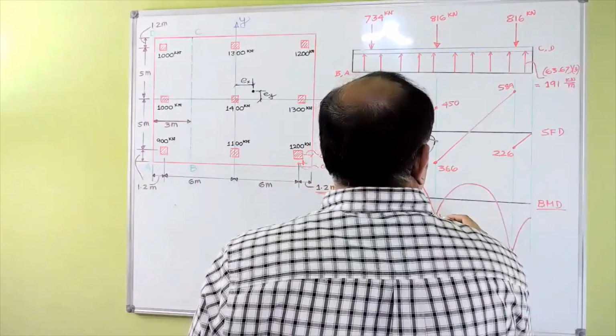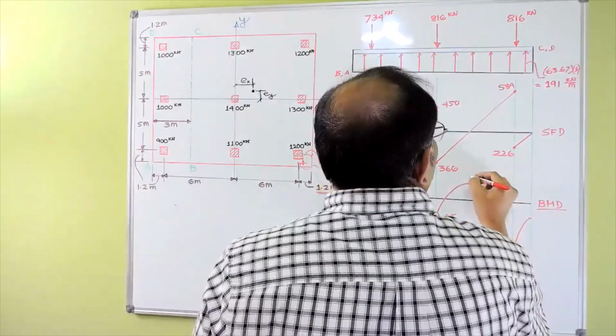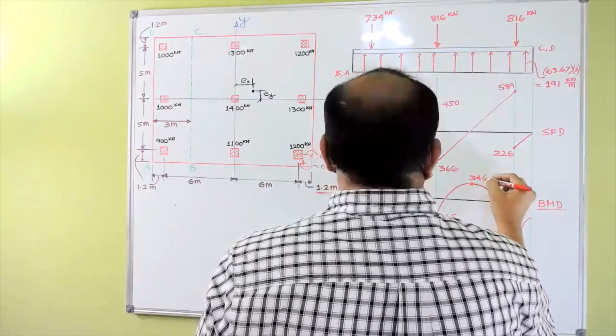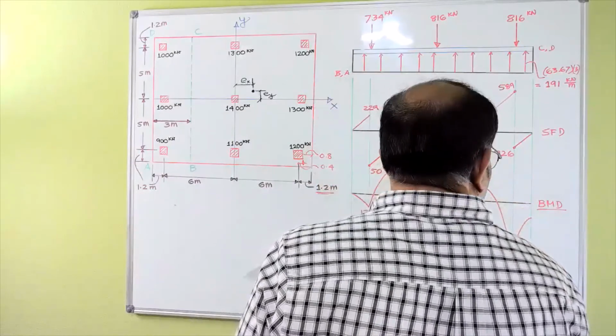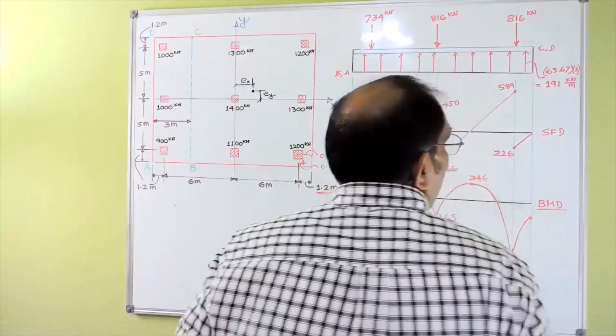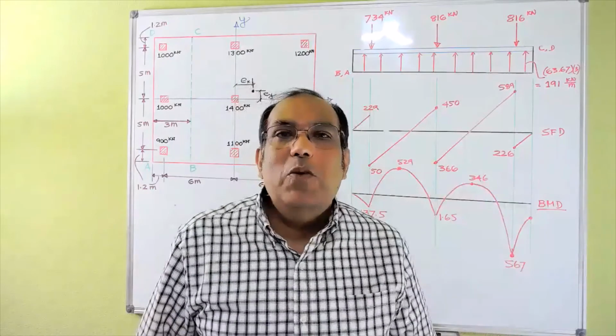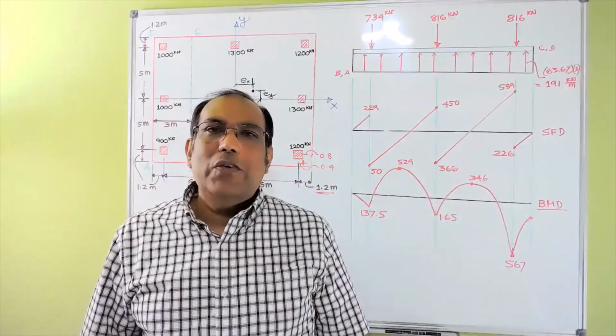This one is very small actually. 346, 567. And there is a value because of that adjustment. You will see that it may not go directly to 0. Okay.